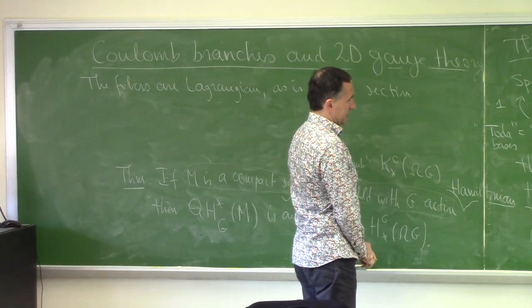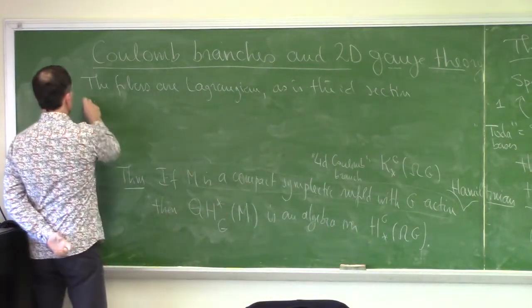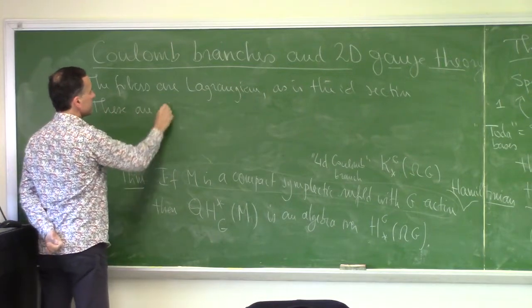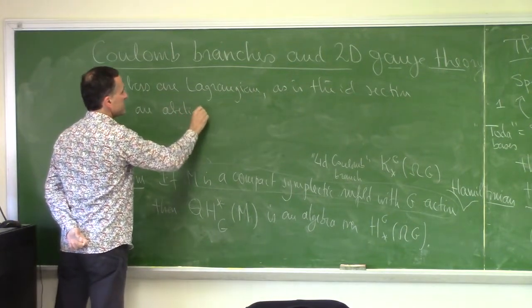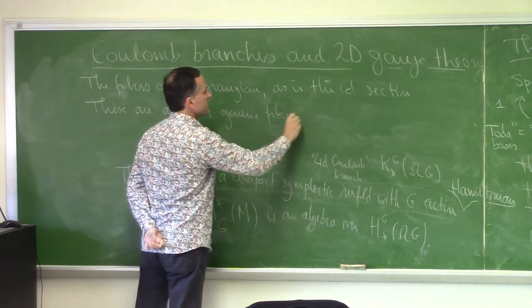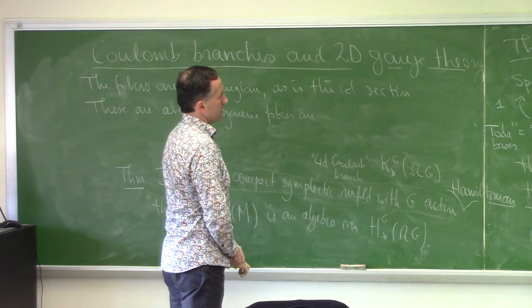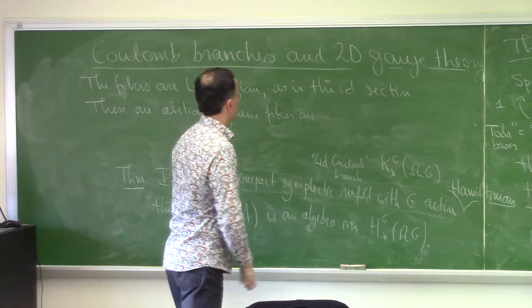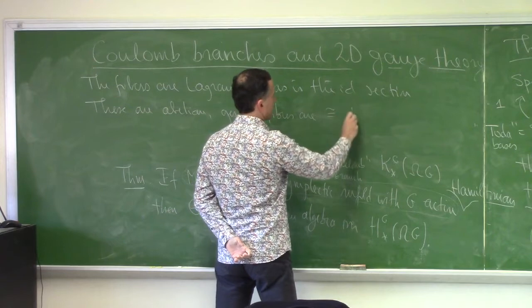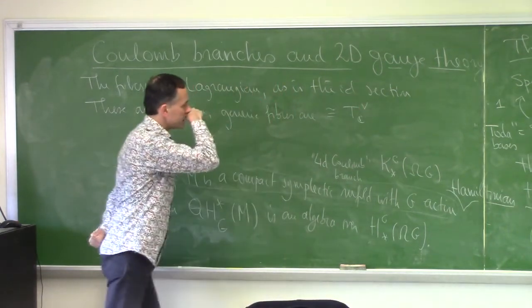And in characteristic 0, there are even abelian group schemes. Generic fibers are tori, and they are isomorphic, in fact, not to the maximal torus of the group, but to the dual torus.